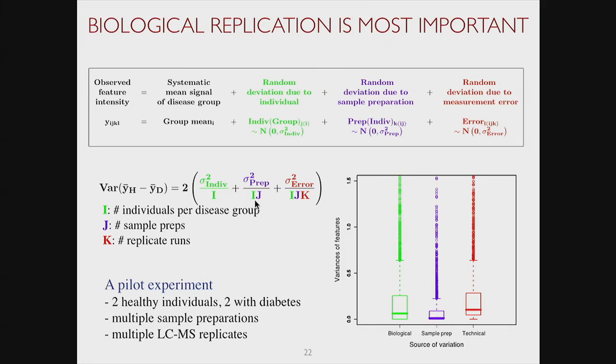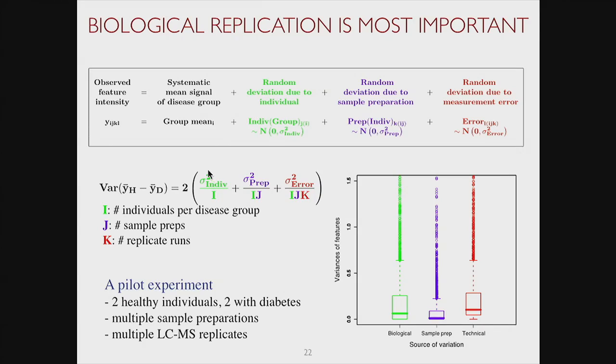This will be the number of replicates. K is the number of technical mass spectrometry replicates, right? So if we increase the number of mass spec runs from the same biological sample, we increase K. It means that this part of the variance goes down, but it does not affect any of this.